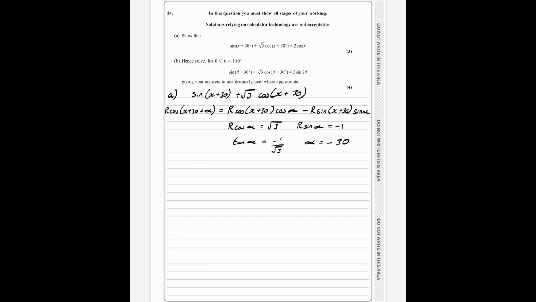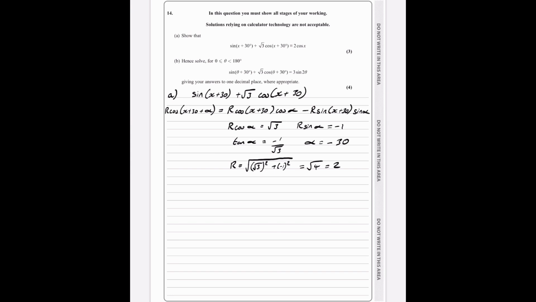My r value, well, I've squared them both and square rooted. So square root of 3 squared plus negative 1 squared. That's going to be root 4, which is 2.